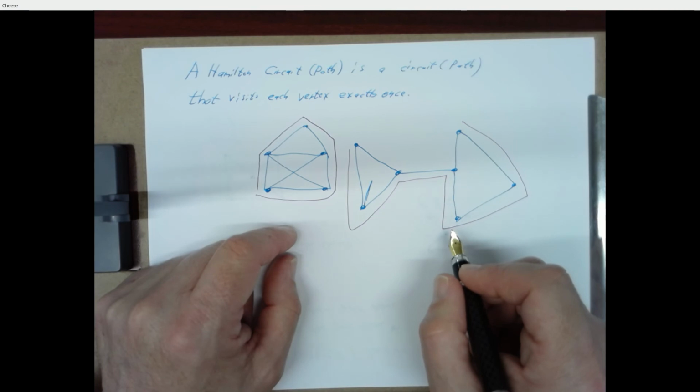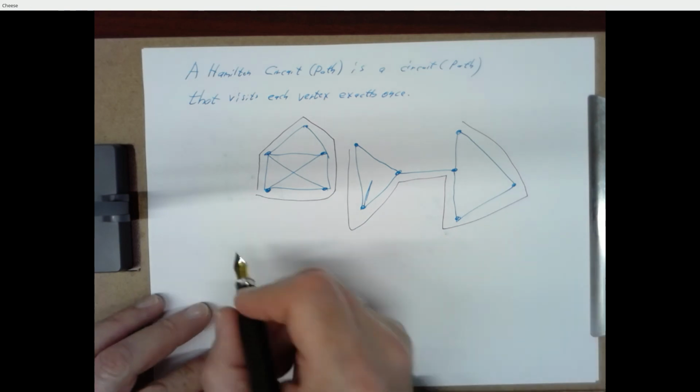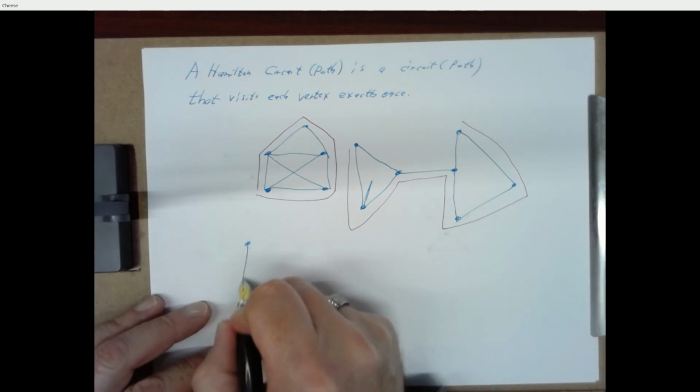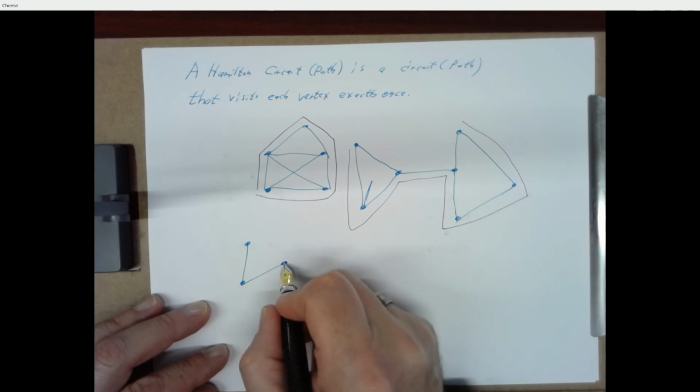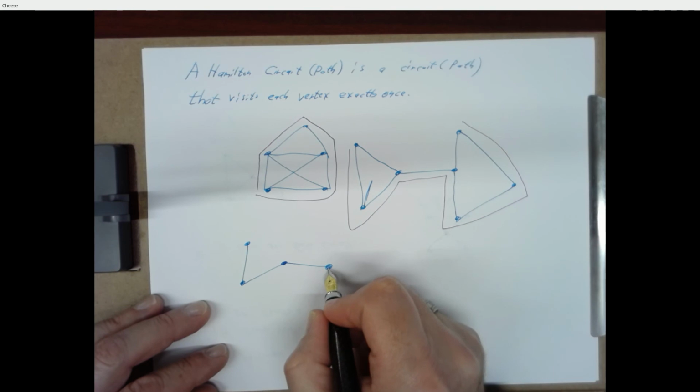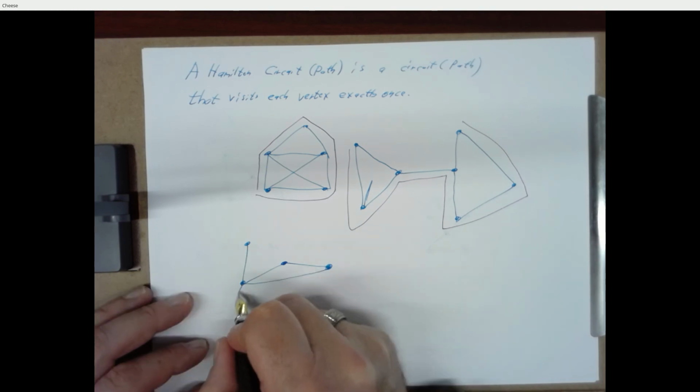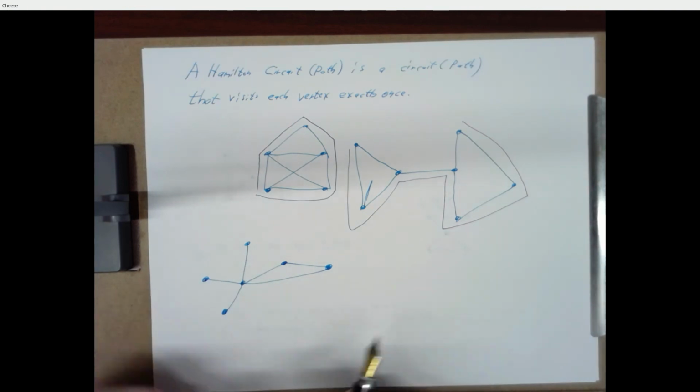Hmm. Oh, wait. Could you just go there? It's usually really hard to find a Hamilton path. Okay, that one should do it. Decent. Yeah. We don't even need all of this stuff over here.